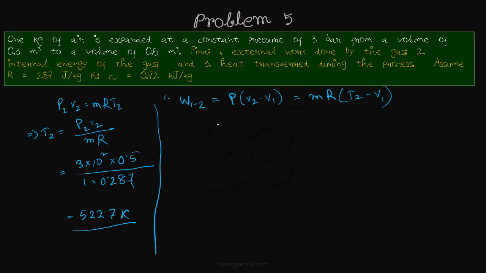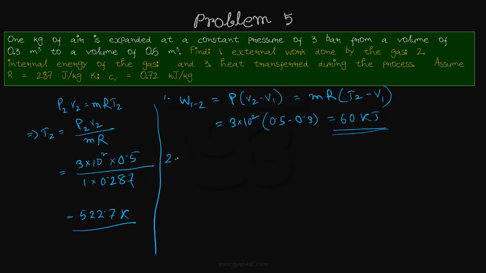First we will calculate using the first one. So P is equal to 3 into 10 to the power 2, and V2 is 0.5 minus V1, that is 0.3. So this will be equal to 60 kilojoule. So work done during the process is 60 kilojoule.